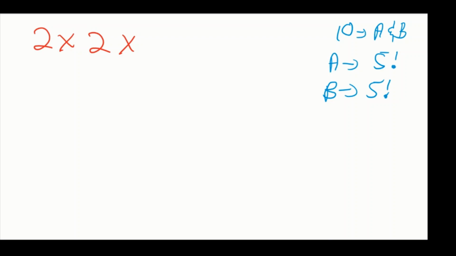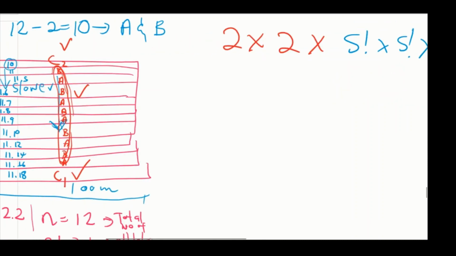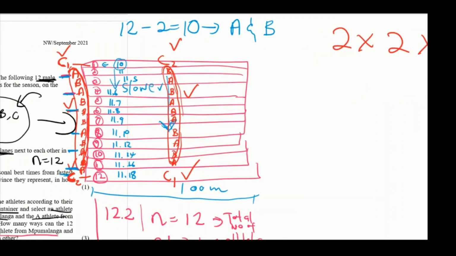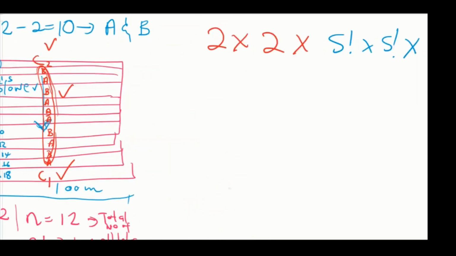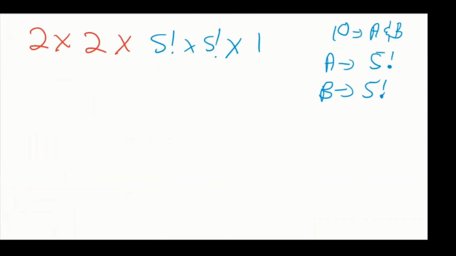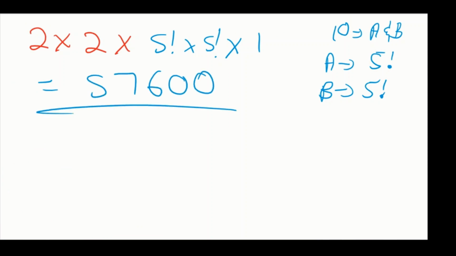So we're going to say 5 factorial multiplied by 5 factorial, right? Times. So the placement of these athletes will be ones. So remember that it's going to be AB, AB, AB, AB. So we're just going to multiply by 1, and the answer to this question is going to be 57600. So this is going to be your answer for 12.3.